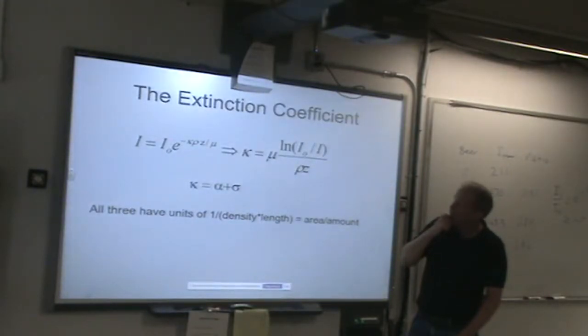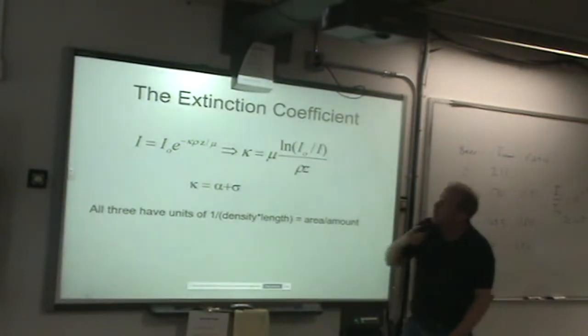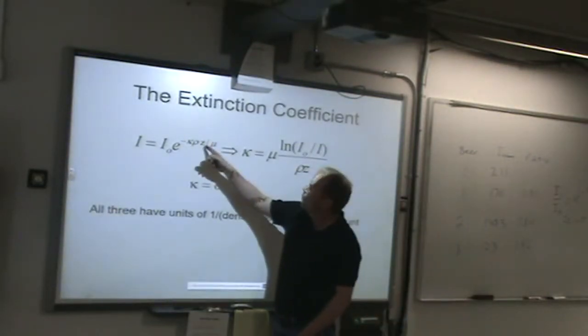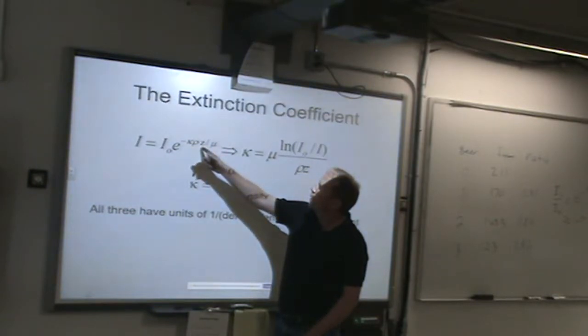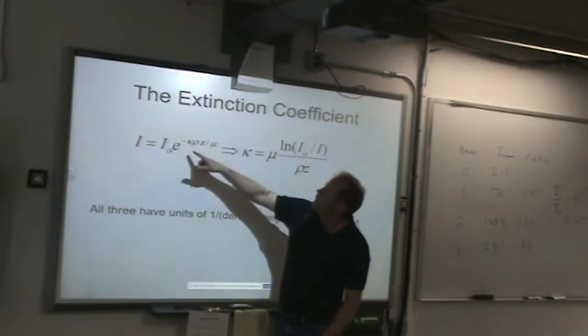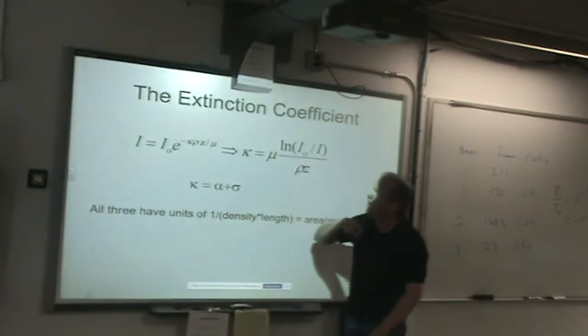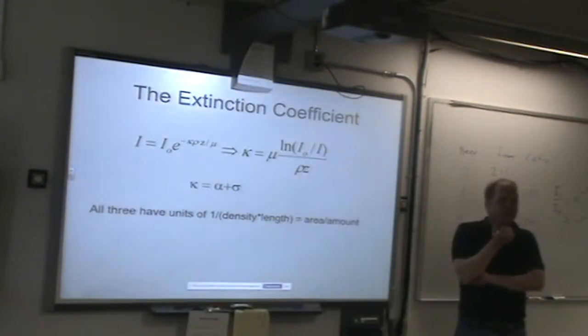Now if you look at the real density, this is going to be the amount of stuff times z, which is the amount of stuff per area. This has to be unitless, so it turns out the k has to be an area to make everything work out.